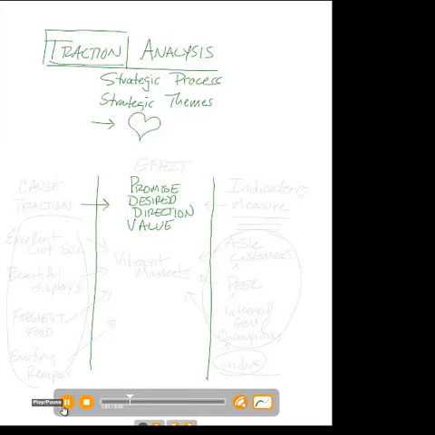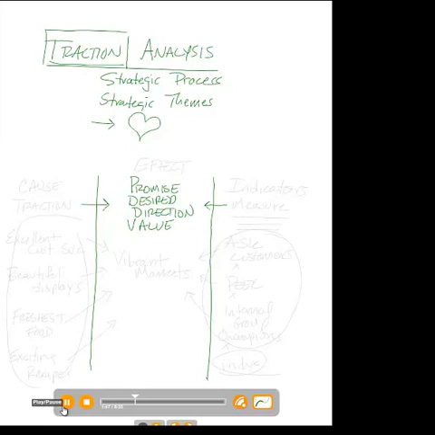What is going to lead to being able to deliver on the promise, moving in the desired direction, create the value and deliver it to the folks that you're trying to deliver it to? And what are some indicators that this is actually happening?